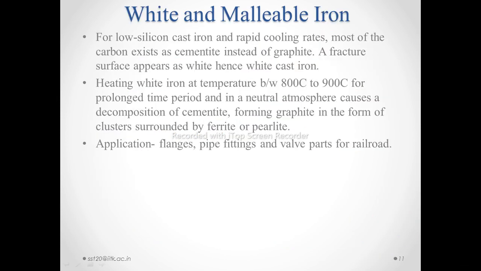Okay, the next forms of cast iron are white iron and malleable iron. How do we obtain white iron? The first condition is that it should contain low silicon, and second is a fast rate of cooling.